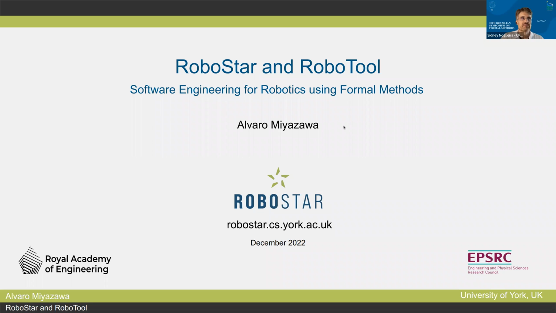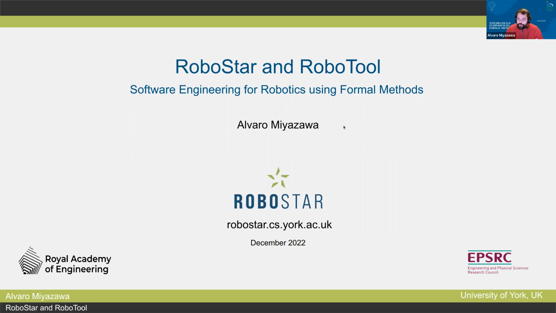Yes, my name is Alvaro, and I'm a lecturer at the University of York in the UK. What I'll be talking about is the work that we've been doing in our group that we call RoboStar, which is the software engineering for robotics group, and also a tool that we have developed here to support the work that we're doing within the group.